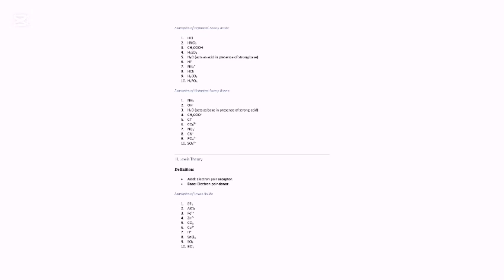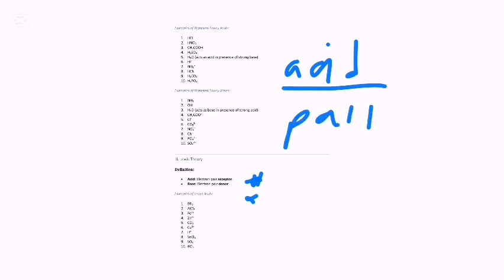Another theory which you need to know is Lewis theory. What does Lewis theory state? An acid is a substance which accepts a pair of electrons.